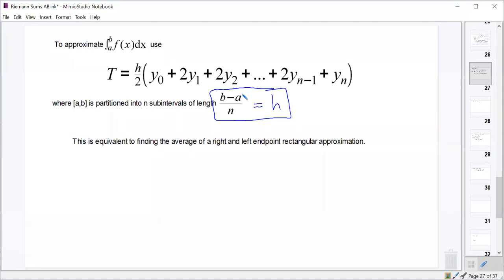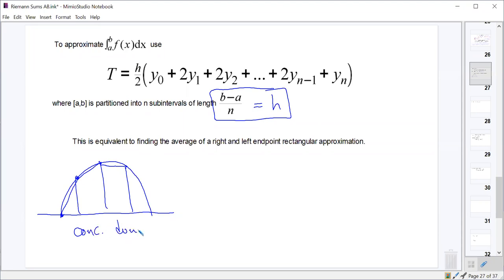And one more quick thing that we should note is that if a function is concave down, a trapezoidal approximation is going to be underneath, right? So if the function is concave down, this should be an underestimate.